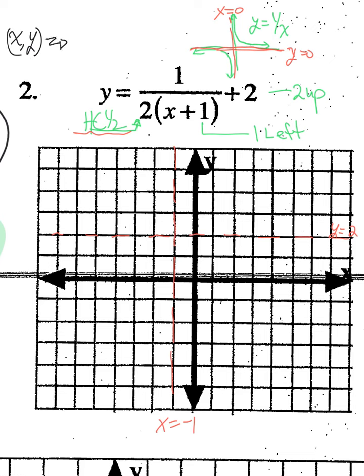It's going to go to 1/2 x minus 1 and y plus 2. How come that 2 is horizontal? Look at the original function. Because it's in the denominator, I've replaced the x with 2x plus 2.